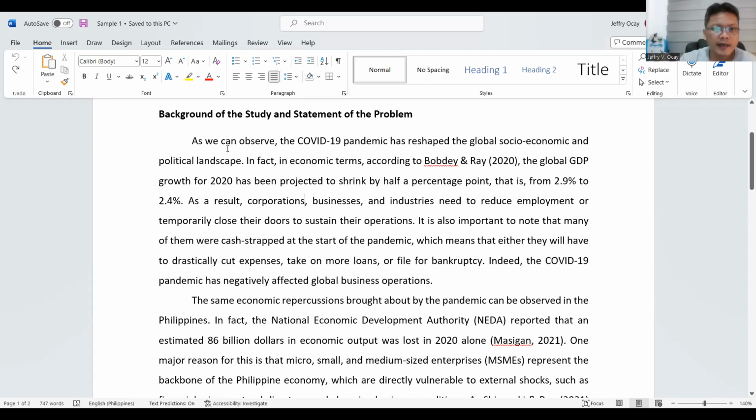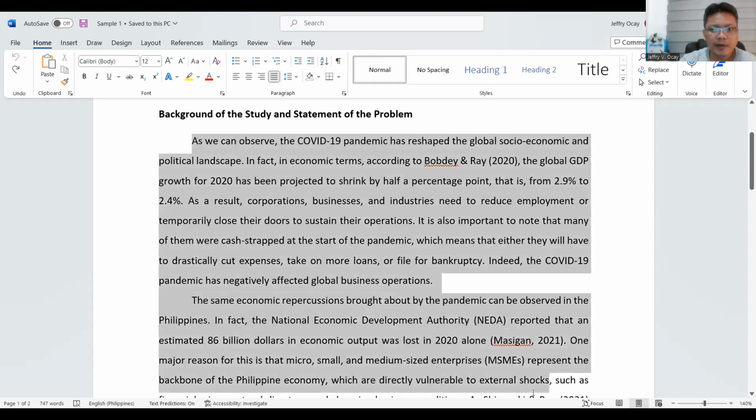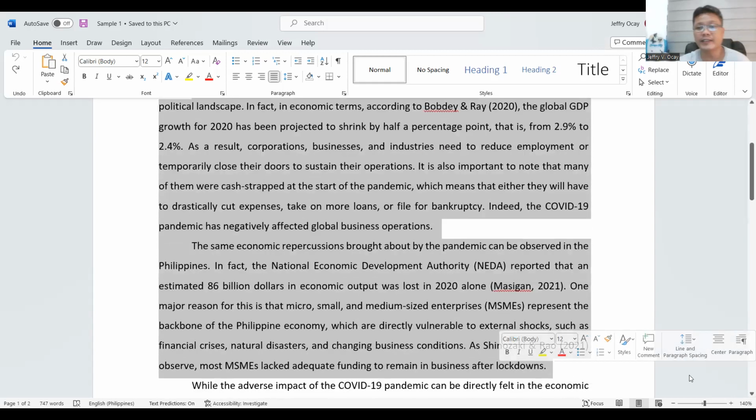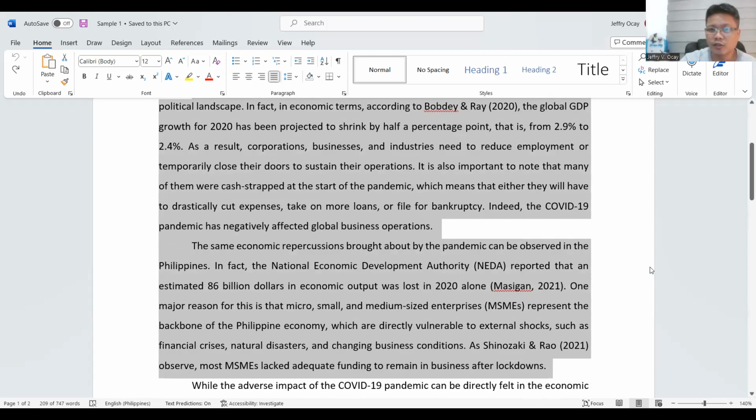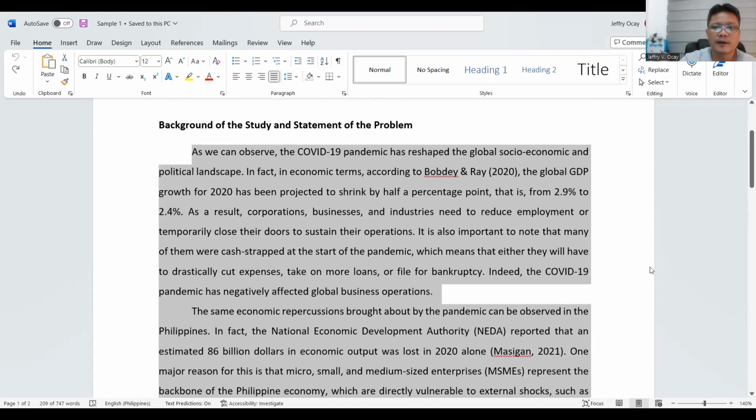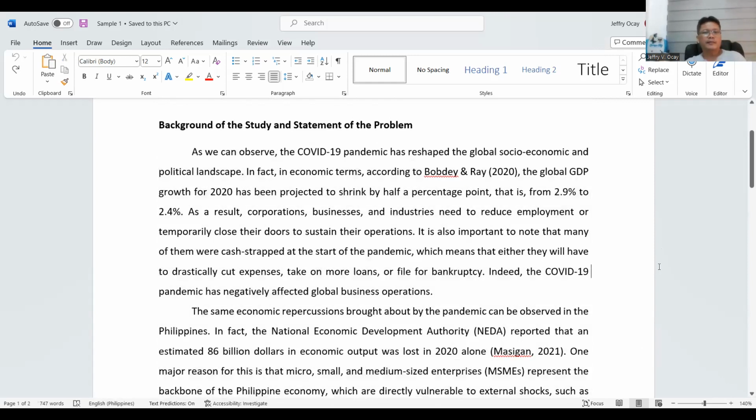And again, in the first two paragraphs, we provide a context of the problem or the study, but we already mention in passing the research problem. You take note of this. So it reads, as we can observe, the COVID-19 pandemic has reshaped the global socio-economic and political landscape.